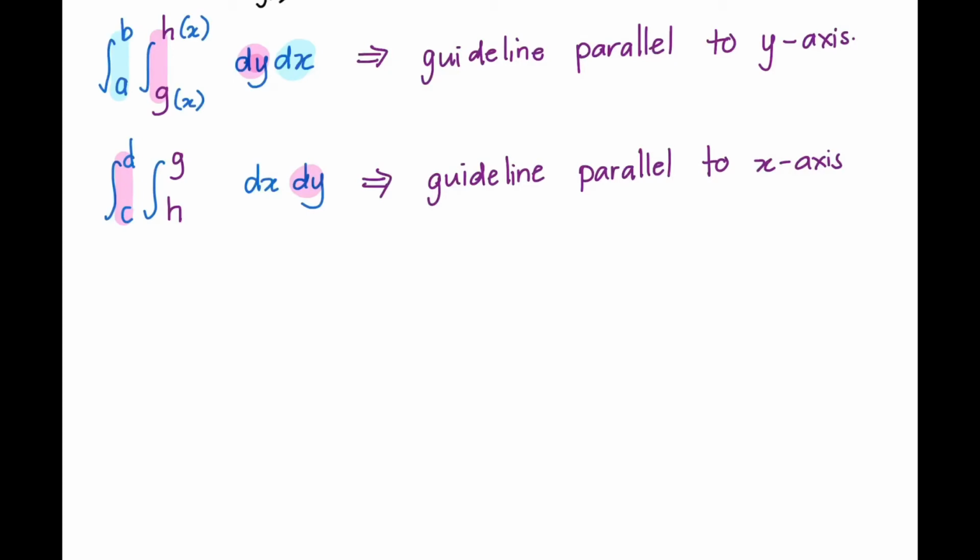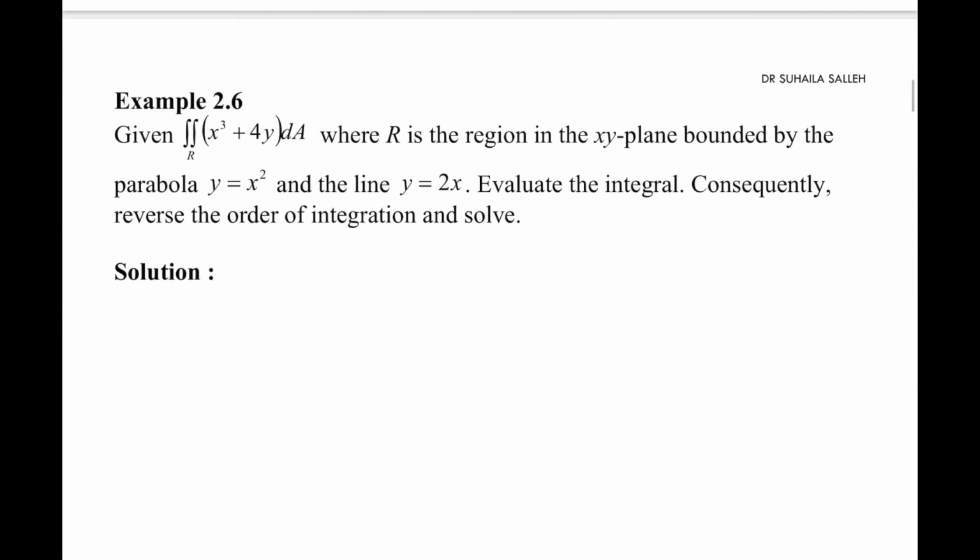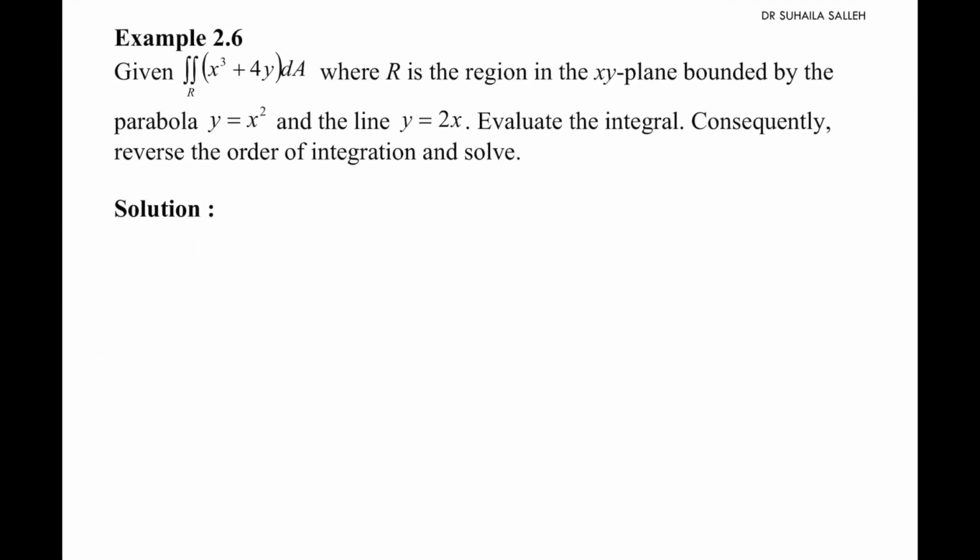Now I will explain using the example below. The question given is x cubed plus 4y. If you look here, the limits are not given, but it's stated that it's bounded by the parabola y equals x squared and y equals 2x.